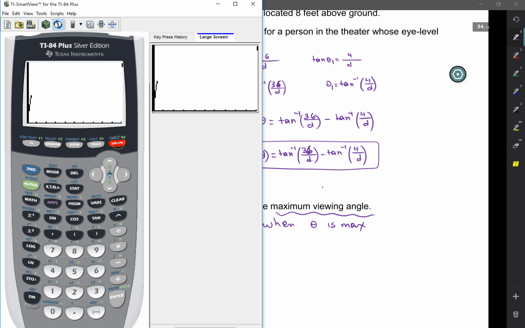Okay, now let's graph. Ooh, look at that. We have a maximum. Now, do you have it exactly in the same setting as mine? If you have a different graph, give me 2 seconds and we'll take a look.